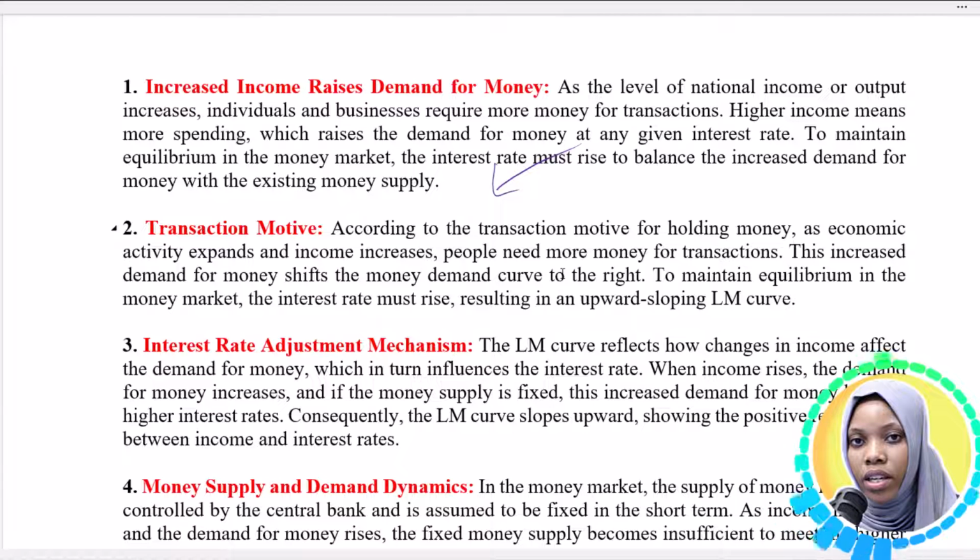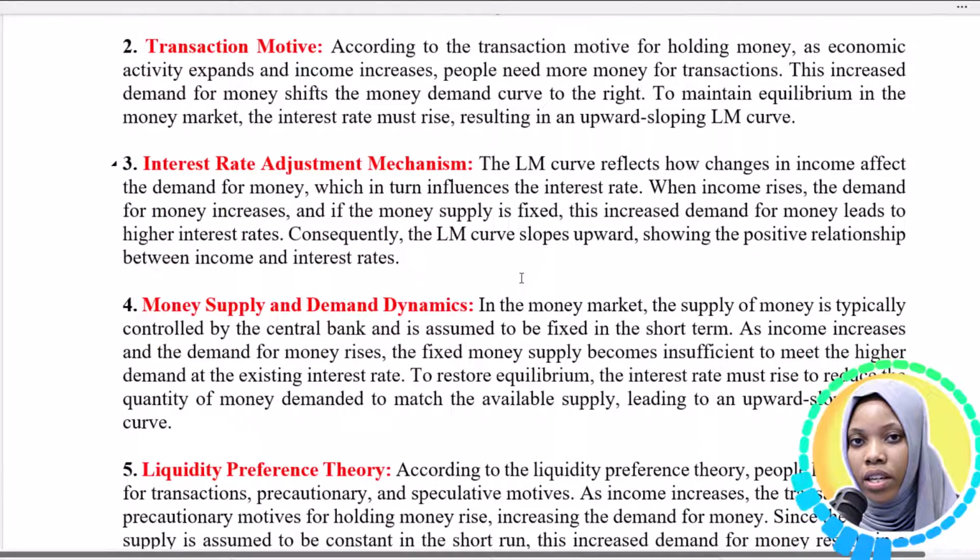When you increase the interest rate, then the money supply, then the demand is also increased. And then the transaction motive is another reason why the LM curve is positively sloping. And what does that say?